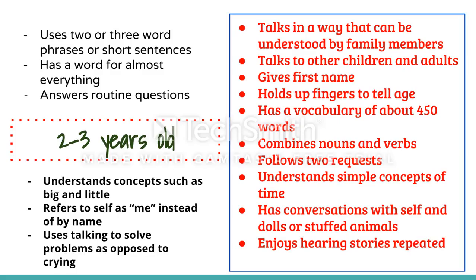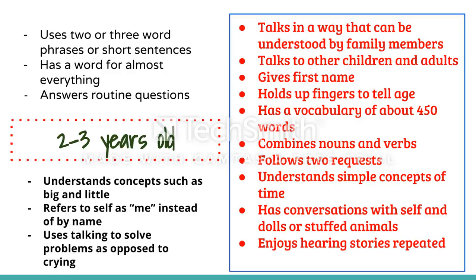And then in the 2 to 3 year age range, they'll use 2 or 3 word phrases or sentences, things like mommy go bye-bye and short sentences like that. They have a word for almost everything, and they will be able to answer routine questions, begin understanding concepts such as big and little.